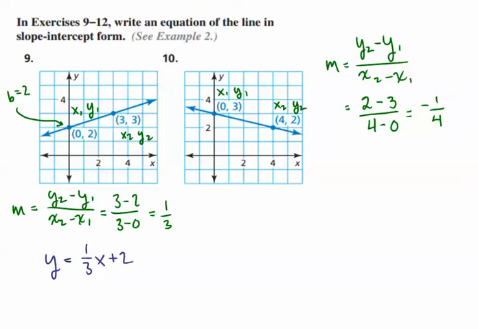We can see that the line is going down from left to right, so that makes sense, and the y-intercept is right there. B is equal to 3. Construct the equation. Y equals negative 1/4 x plus 3. And we'll go on from there.